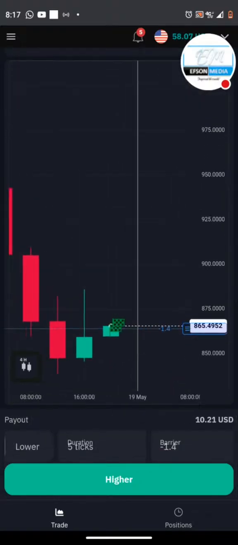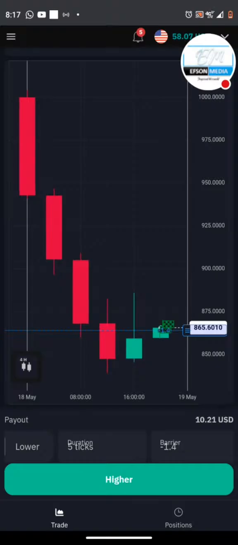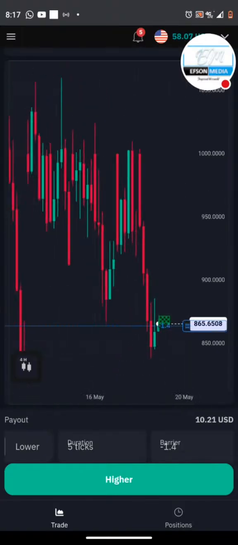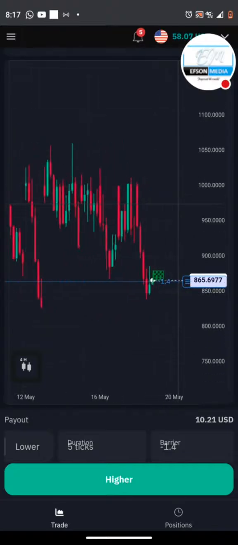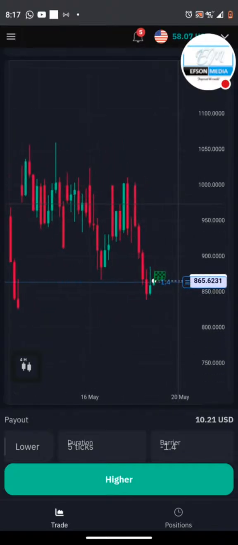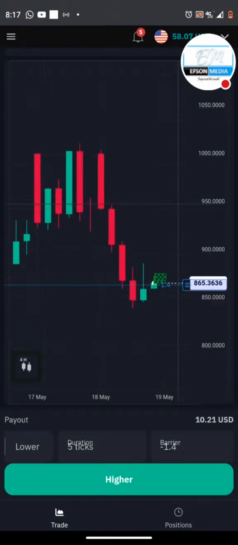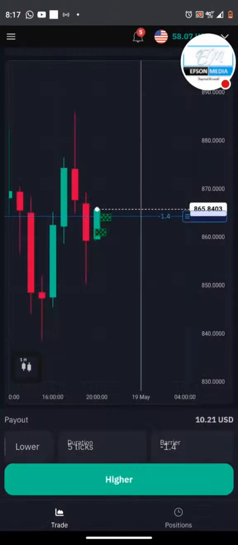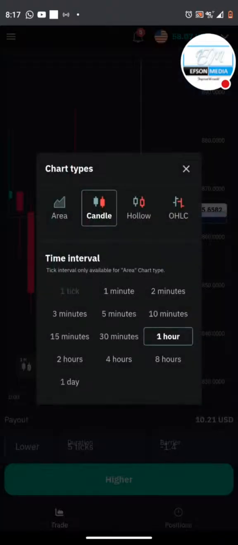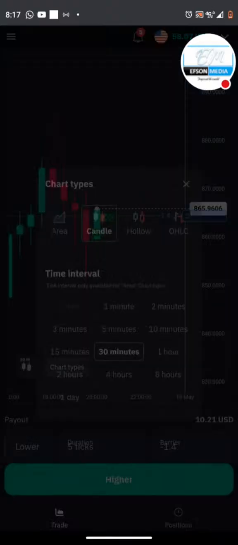At the 4 hour, we are moving up. You can see from the charts that we are moving upwards. The trend is upwards. So our trend is still upwards, and all our trades will be based on the upward direction.